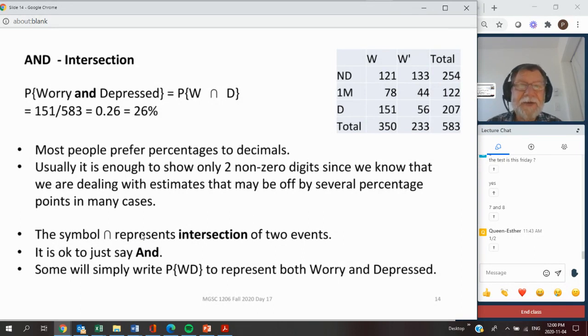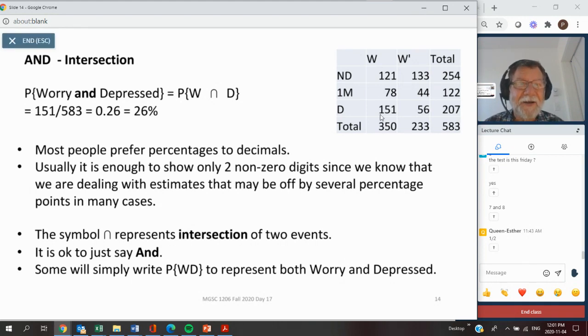I can't highlight this on my slide, but I'm looking at being worried, so I'm looking at being in this column, and being depressed in this row. So you could think of it as the intersection of this column and that row. Some of you may have learned about probability with Venn diagrams, and I don't use those. I just look at my table and talk about where they intersect.